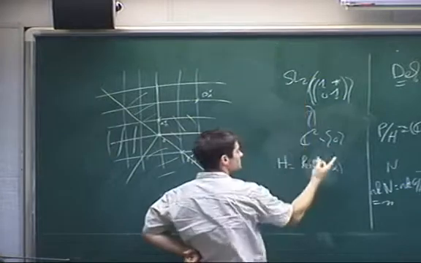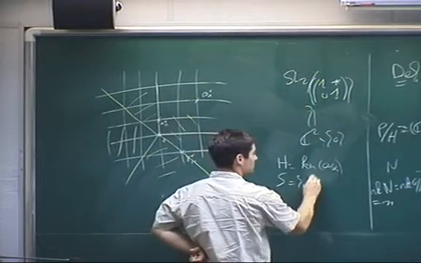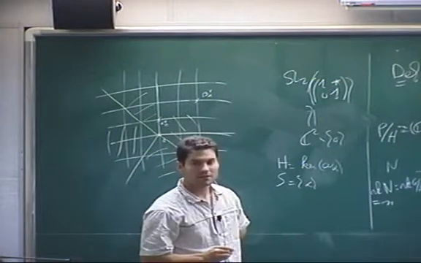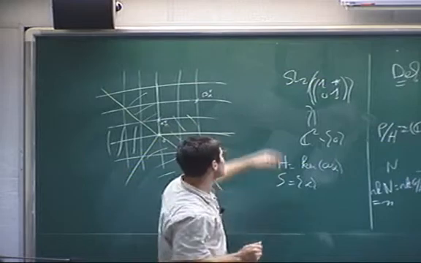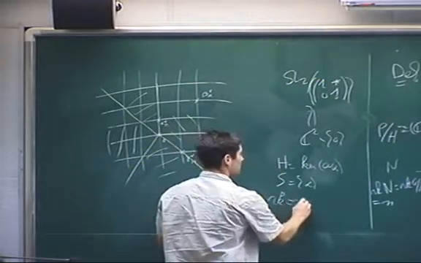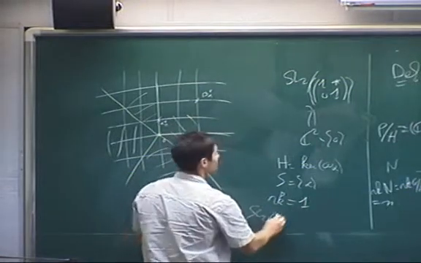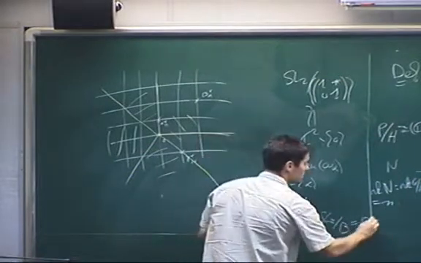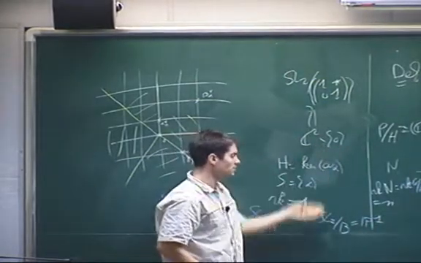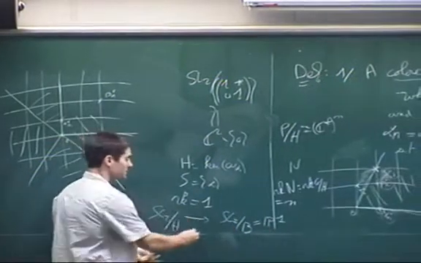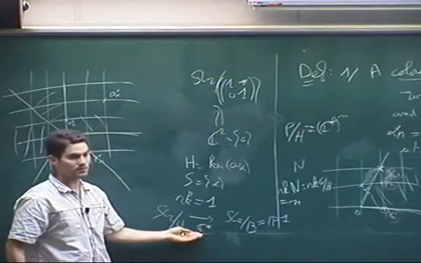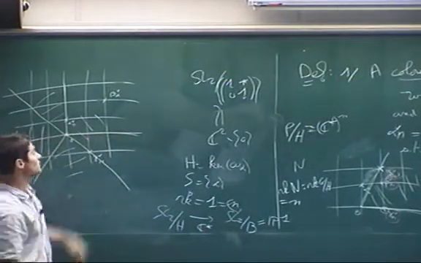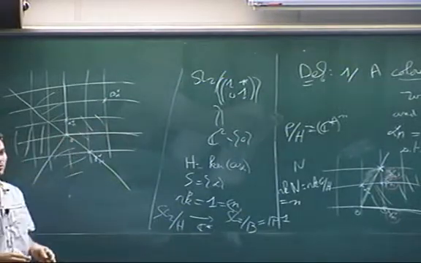The dimension is 3 minus 1, so 2. In this example the rank is 1, because SL2 mod H can be projected to SL2 mod B, and SL2 mod B is P1. So we have C2 minus 0 projected into P1, and the fibers of this map are C star. So here we have n equals 1. So the rank is easy. Maybe it's more clear now.